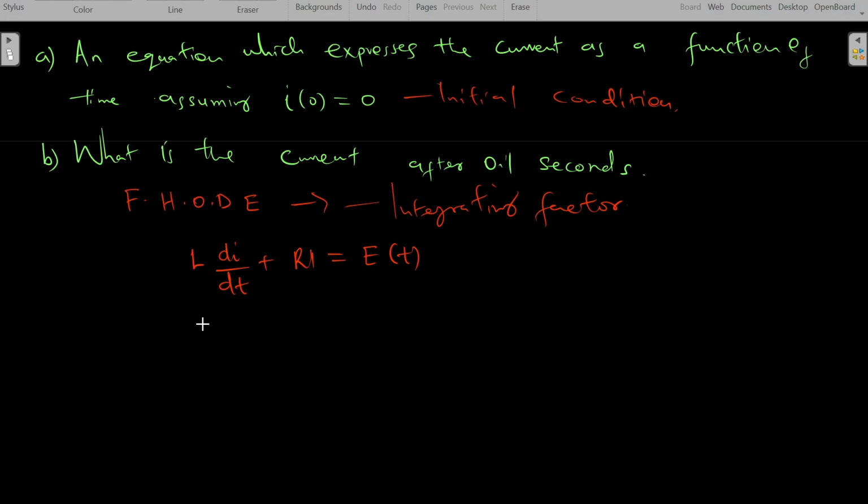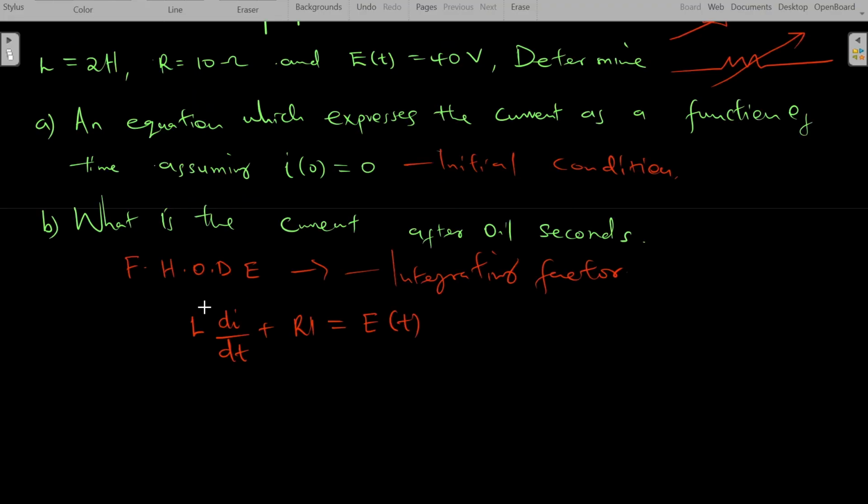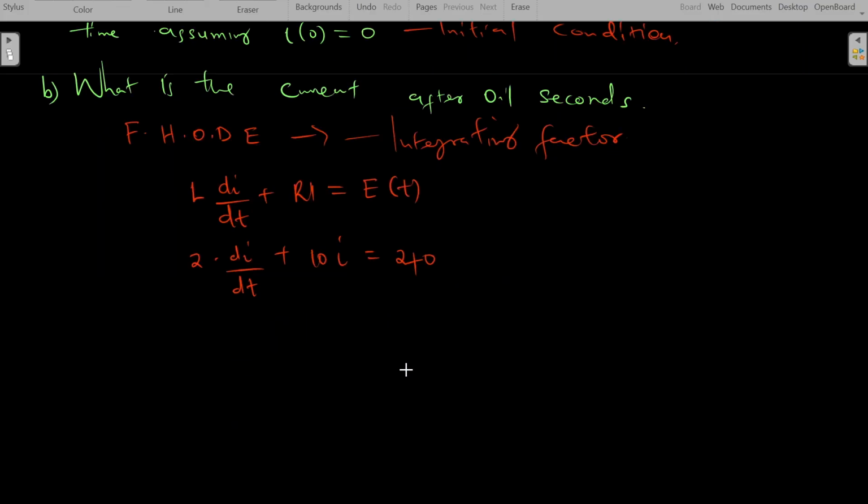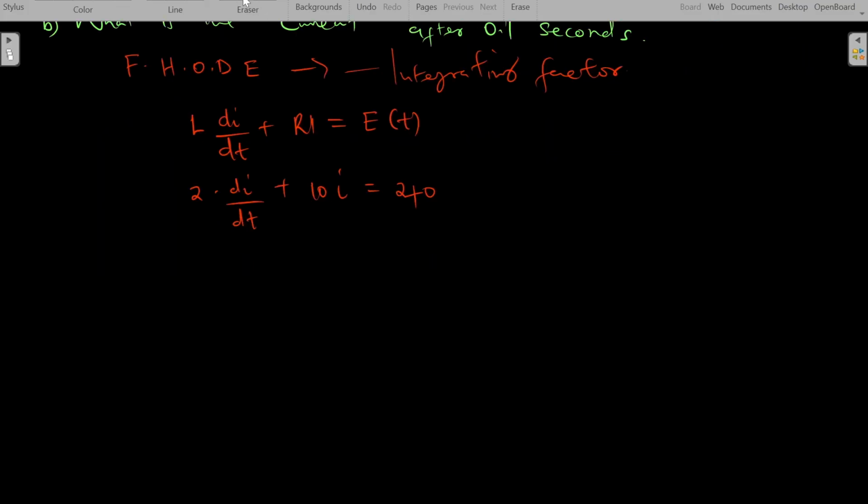Let's replace our information. L is 2 multiplied by di/dt, plus R is 10 multiplied by i, should equal 40. From that point we have substituted our information.